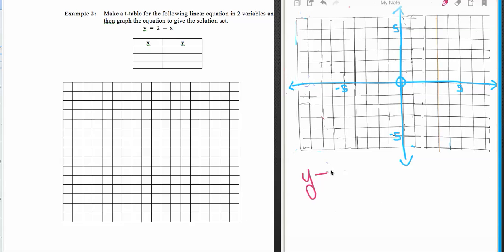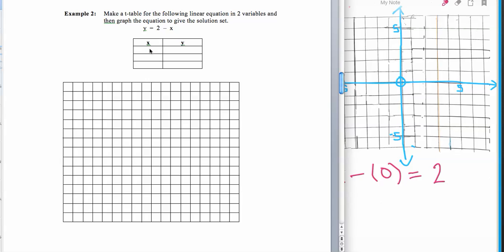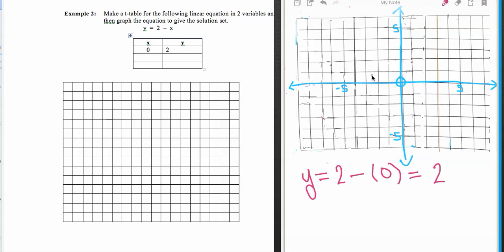So y is going to be equal to 2 minus whatever my x value is. Remember that the first one we always want to do is the y-intercept. So when x is equal to 0, we get the y-intercept, which is 2. So when x is 0, I get 2 out. Then I'm going to do it again.